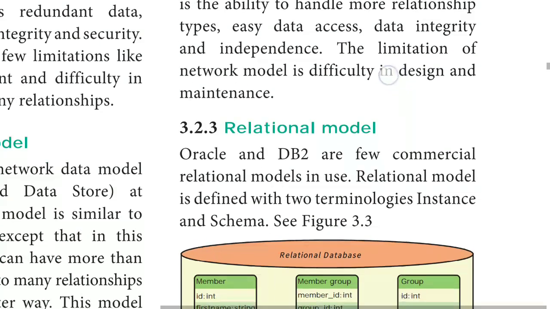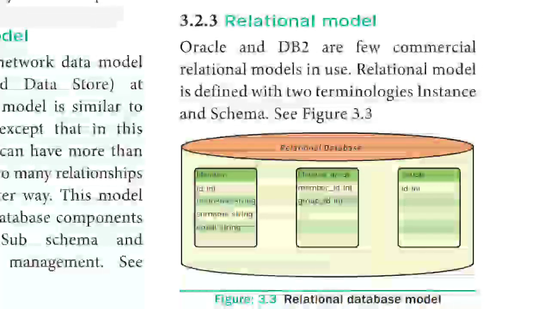The next thing is the relational model. Oracle and DB2 are a few commercial relational models in use. The relational model is defined with two terminologies, instance and schema. These two, instance and schema, are the main important things in this relational model.